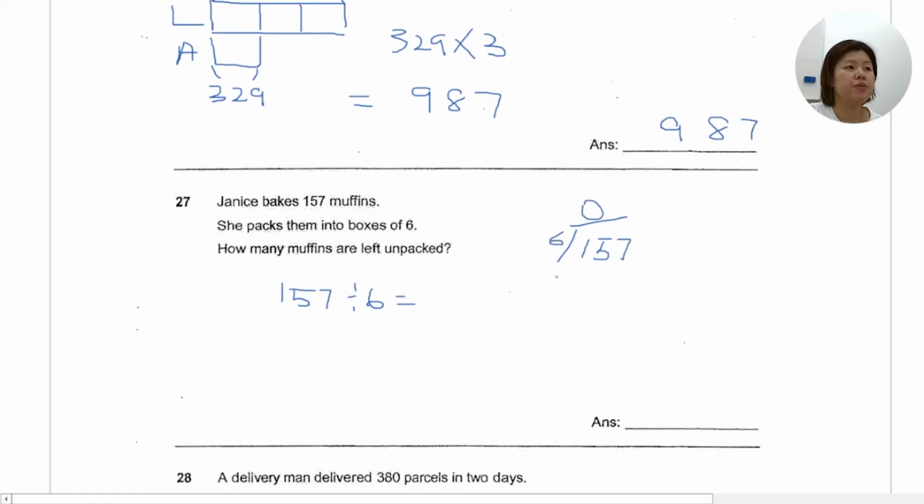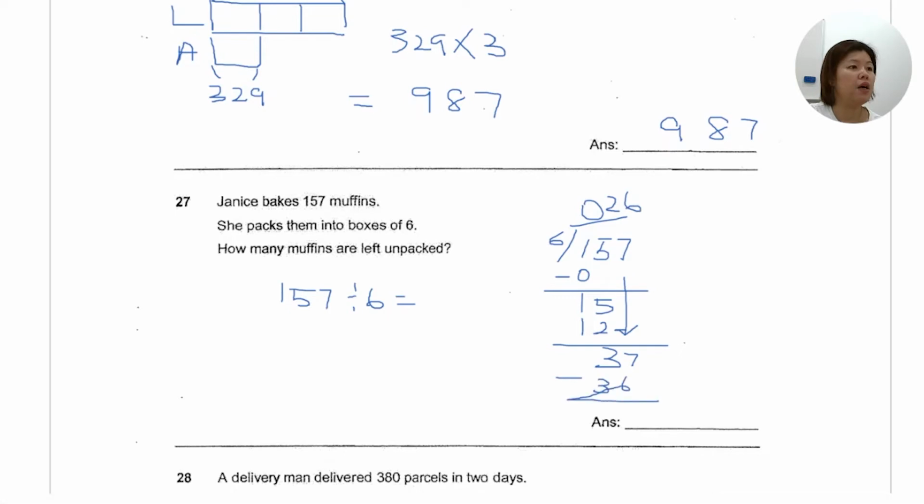So 36, 1. So 1 is the remainder. How many muffins left unpacked? 1.